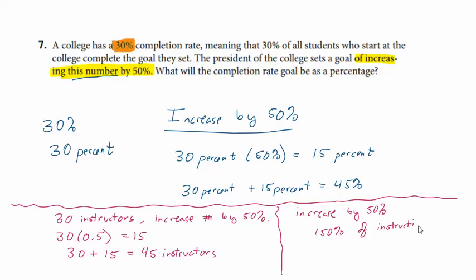We're going to keep 100% of our instructors, and then we're going to add 50% more, so we're going to have 150% of our original instructors. So if our original instructors were 30, and we multiply that by 150%, that's going to give me 30 times 1.5, and that is 45 instructors. Okay, so that's a little shortcut, and we're going to do that more in the next section.